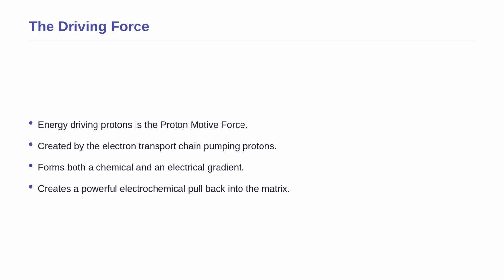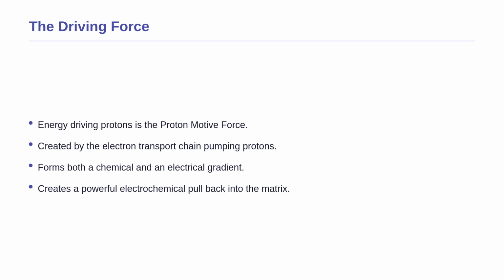Now that we appreciate its importance, we must ask, what exactly pushes the protons through this enzyme? The energy that drives the protons through the F0 motor is called the proton motive force. This force is created by the electron transport chain, which actively pumps protons out of the mitochondrial matrix.